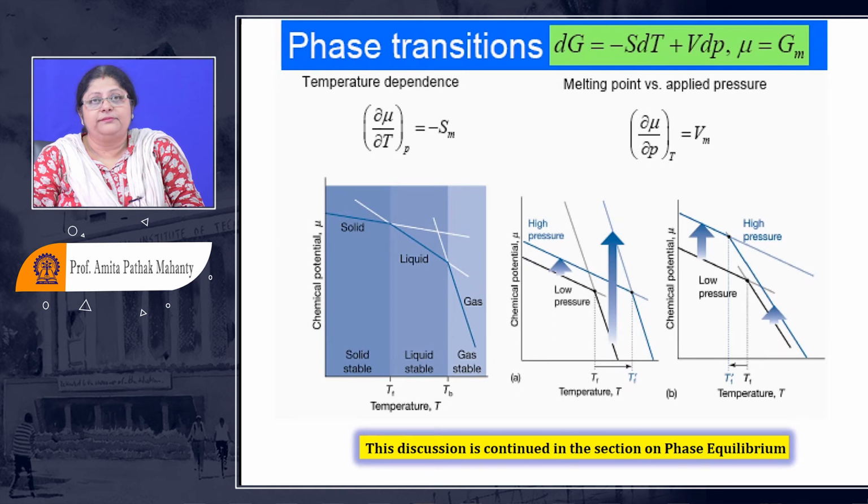So if you have a look, when you have three phases, solid, liquid and gas, the chemical potential will be proportional to the delta G change, because delta G per mole is the chemical potential. Since it's a measure of the entropy, the gas will be much steeper than that of the liquid and solid.